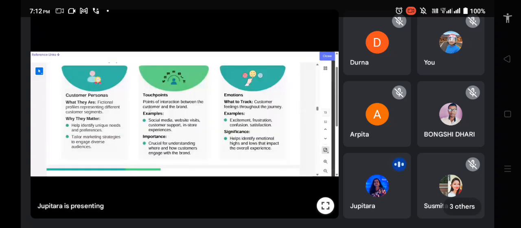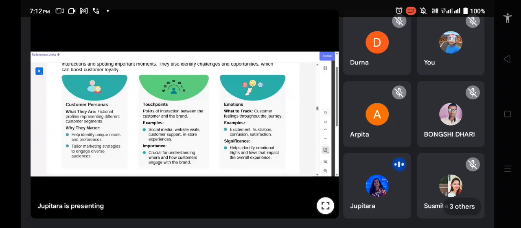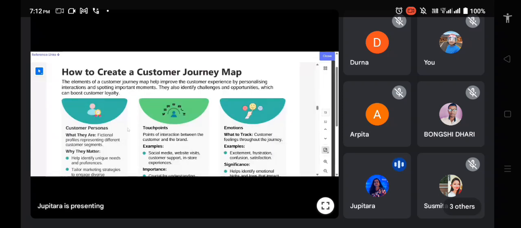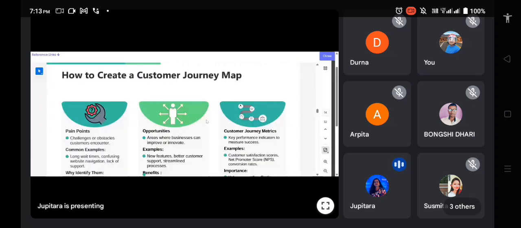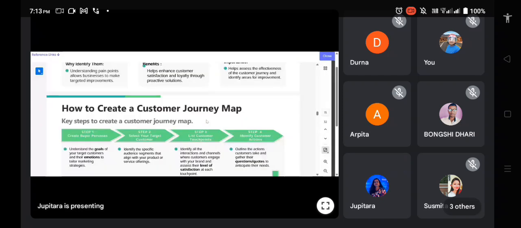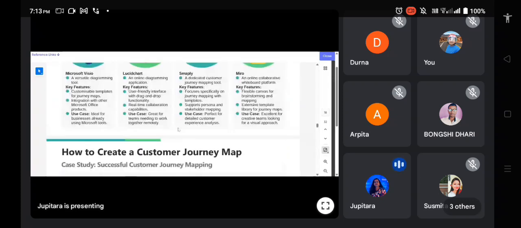Here are the points on how to create a customer journey map, how you are going to do it, and what different items you need to include. Everything is there in the slide. As per the slide, make your own journey. You need to go through the slide and make your customer journey mapping.